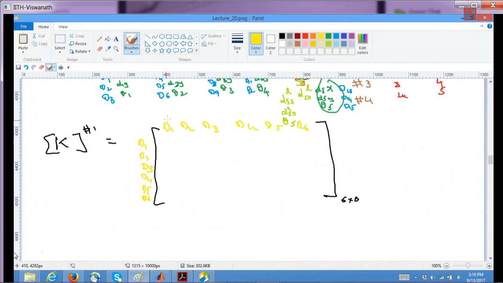You see that D1 and D4 are axial displacements, so these come from the element stiffness matrix for a bar.